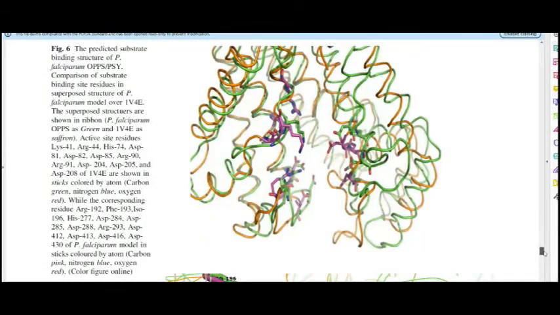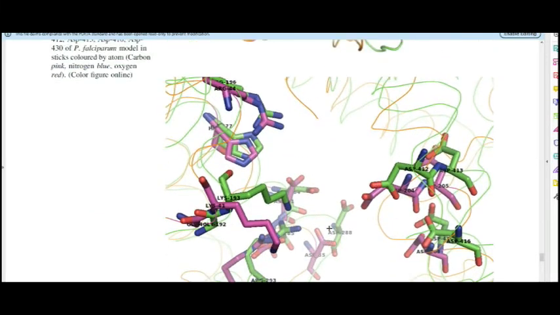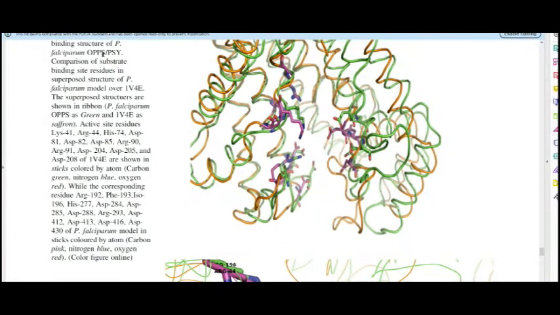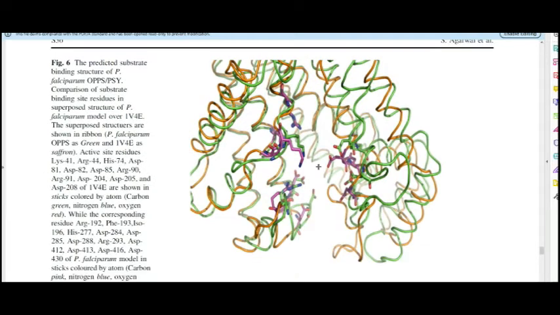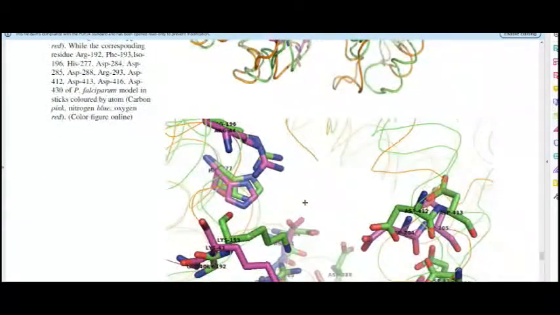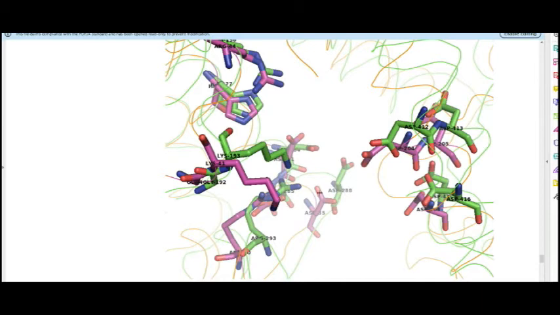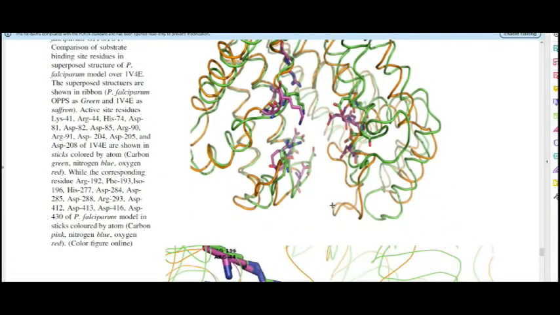And this is a structural alignment between this phytoene synthase and this OPPS protein, which has a similar mechanism of action. And so you can see that the active sites of this OPPS, which is a known structure, and their PSY, which is the phytoene synthase, which is their predicted structure, overlap quite well in their predicted structure.